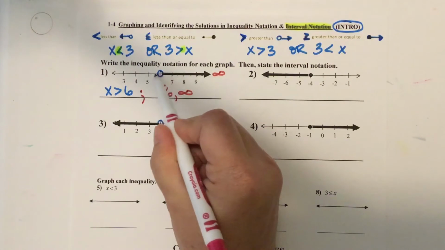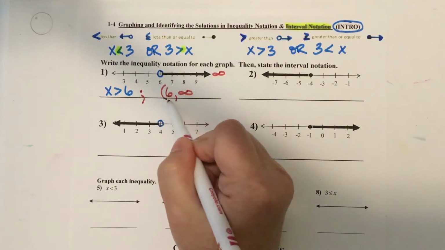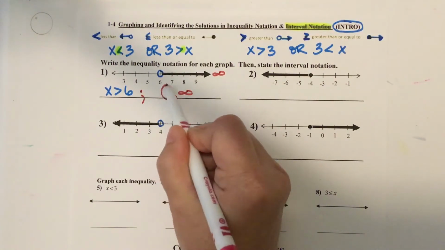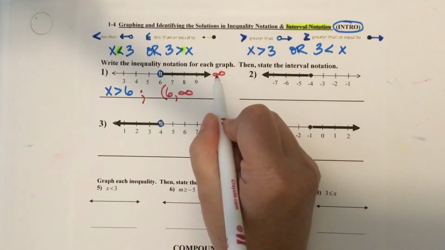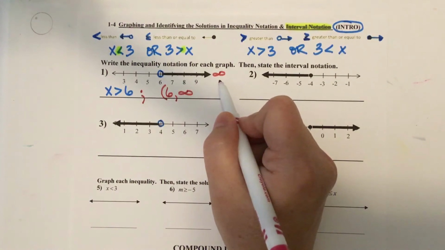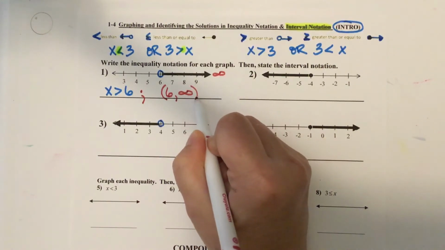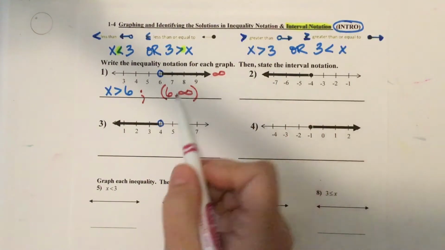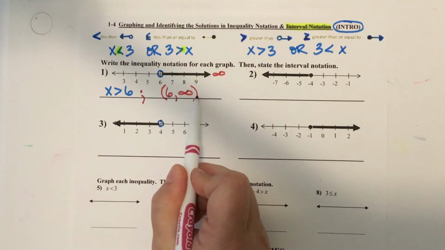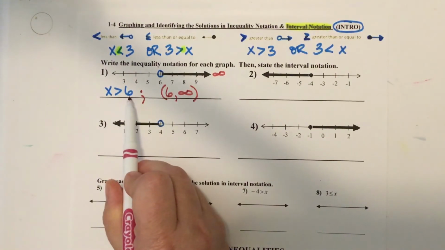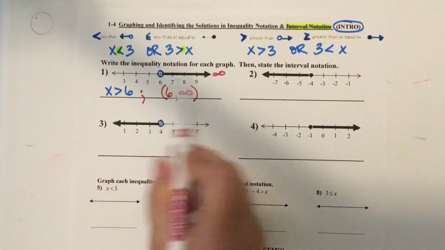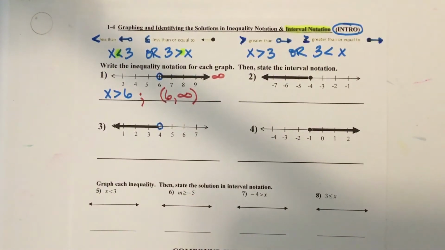That means you don't equal the 6, so the parenthesis indicates that you don't equal the 6. Now, you can never equal infinity because you can't ever get to infinity. You can always get a little bigger, bigger, bigger. So because you can't ever equal infinity, infinity will always have a parenthesis. And this is interval notation, and this is inequality notation. And they both represent this picture. Okay, it'll take a little getting used to. So let's just keep trying.